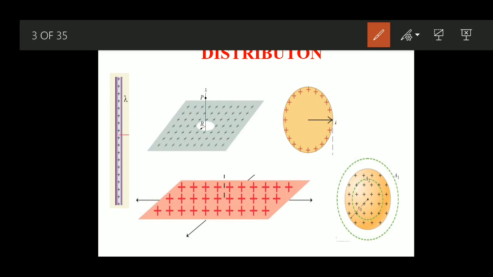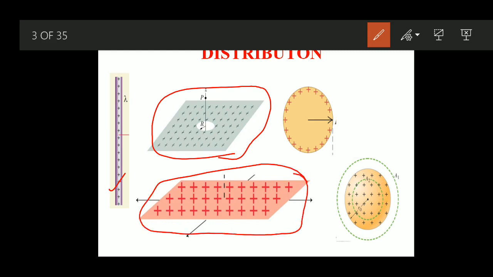The first one is a linear charge distribution, and this is the surface charge distribution, and this one is the next surface charge distribution. Can you remember what is the surface charge density? What is the letter to represent surface charge density? Yes, you are right, we write the surface charge density with the letter sigma. What is the formula for sigma?